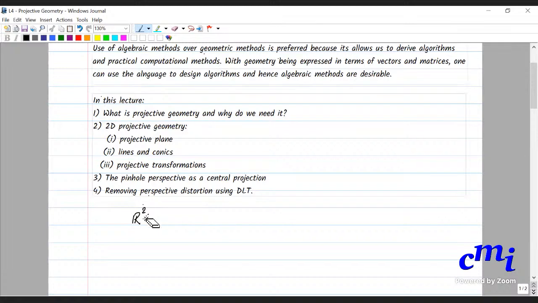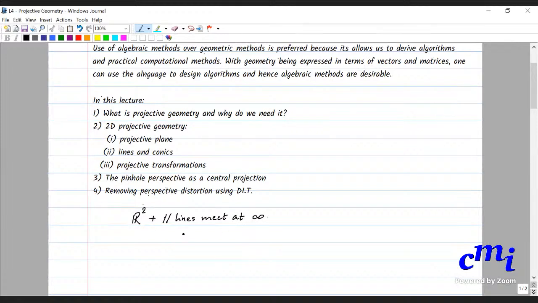Another way of saying that is that parallel lines meet at infinity. So you take R2 plus the postulate that parallel lines meet at infinity.